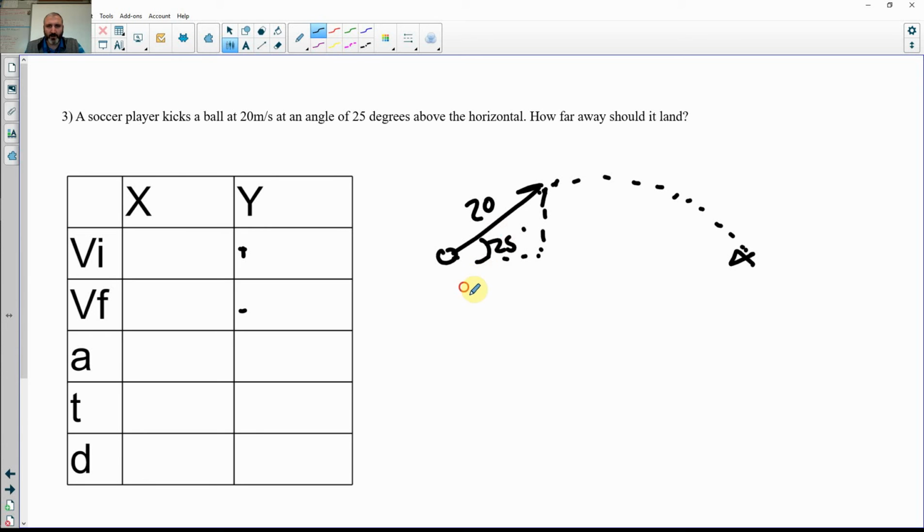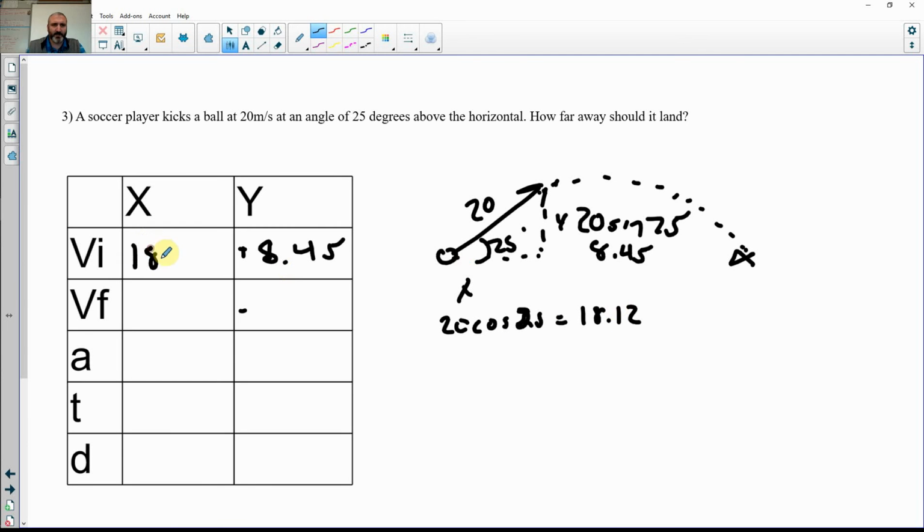So again, for my x and for my y, we're going to be doing 20 cosine 25 and 20 sine 25. 20 sine 25, that's going to be 8.45 for the VI and the Y. And 20 cosine 25, it's going to be 18.12.